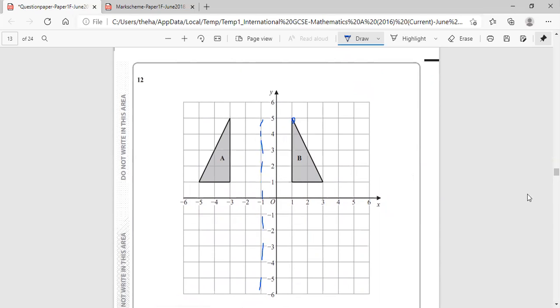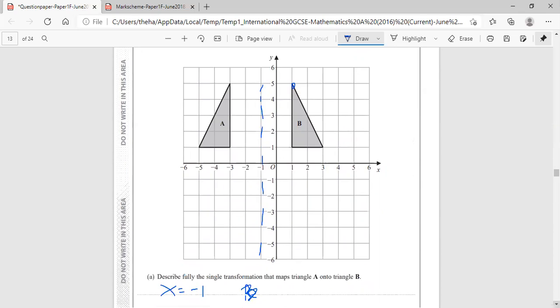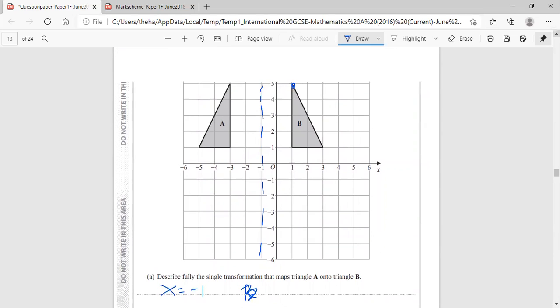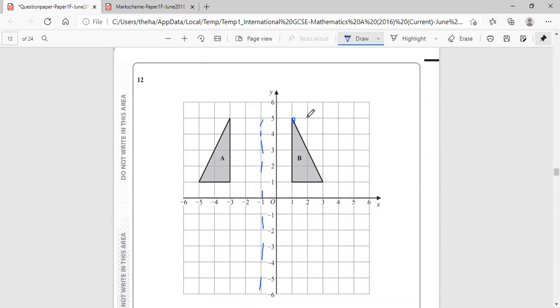This is (1, 5) right now. So what we need to do is go 2 to the right, 1, 2, and then 6 down: 1, 2, 3, 4, 5, 6. So that's the top of our triangle. And then from there, we can just count 4 down, 1, 2, 3, 4, and then 2 across, and then draw our triangle.